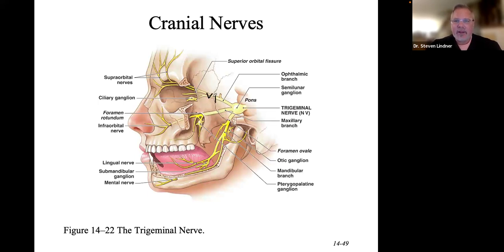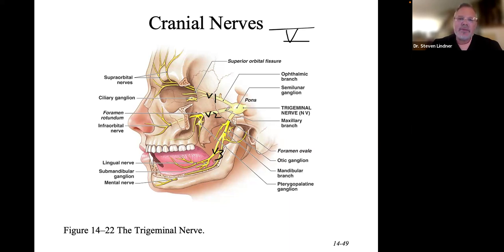It's the ophthalmic branch. Here is V2 going to the maxilla. And down here at the bottom is V3. The reason why I say V is because that's Roman numeral 5 for cranial nerve 5. It's trigeminal because there's 3 branches, V1, V2, V3, ophthalmic, maxillary, and mandibular branch.